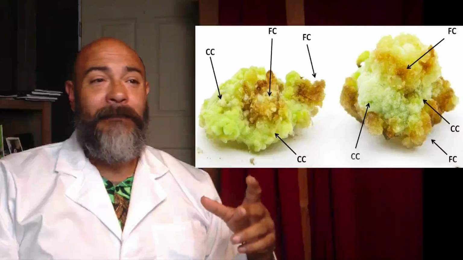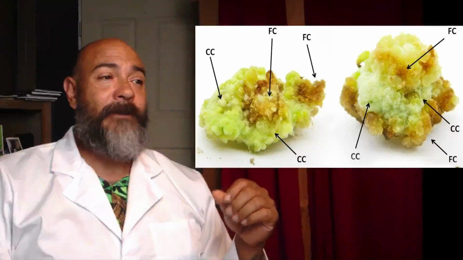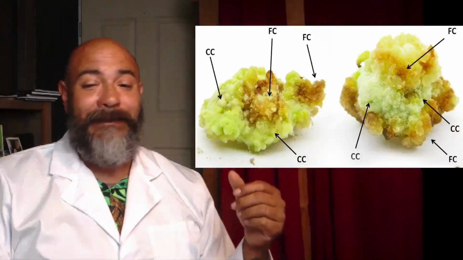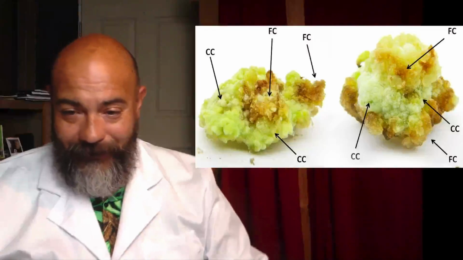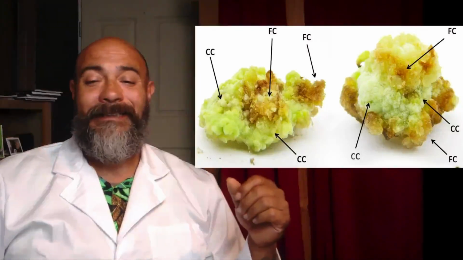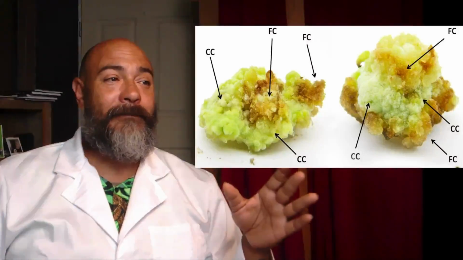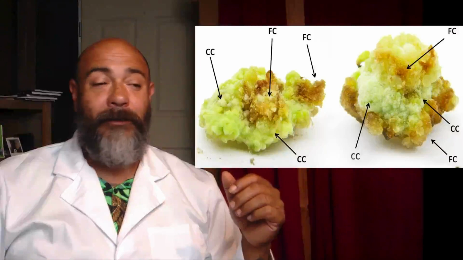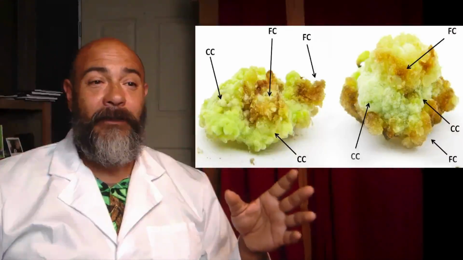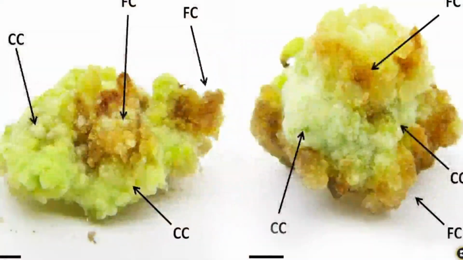Now here is an image of two little clusters of compact and friable material. The areas that are labeled CC are the compact callus, and then the other areas with FC are the friable callus. And you can see the difference in color, you can see the difference in texture. Let's go to a full screen and look at that.